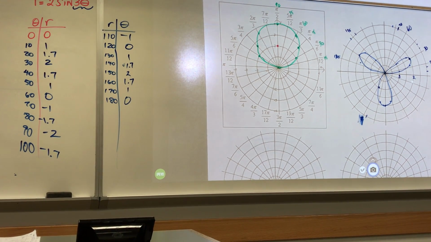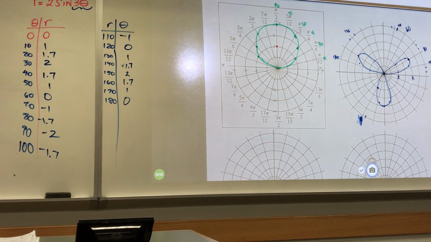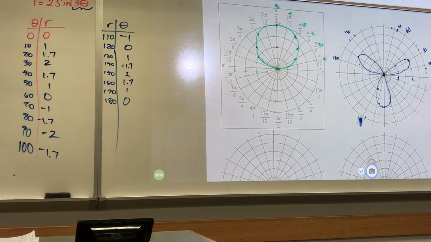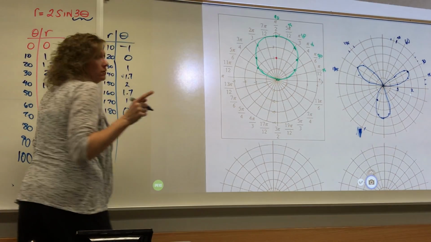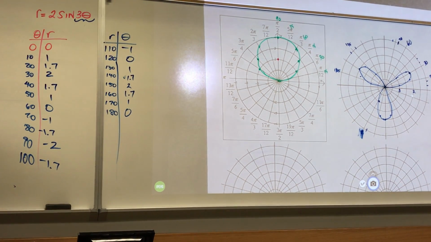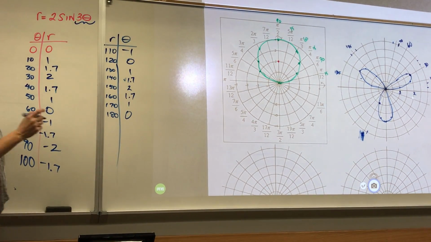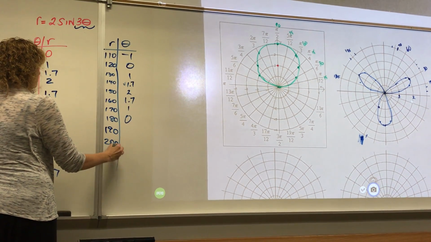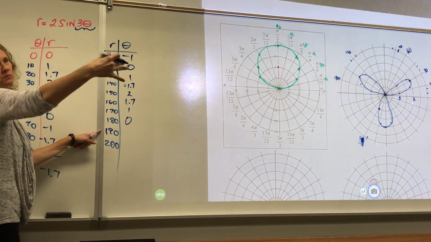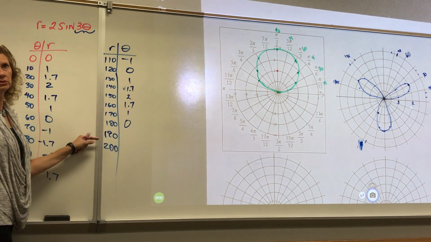Okay, so it is very symmetric. So you might say, am I done? And you might say, I don't know. How could I check to see if that's the complete curve? Someone, you guys punch up 190, you guys punch up 200.